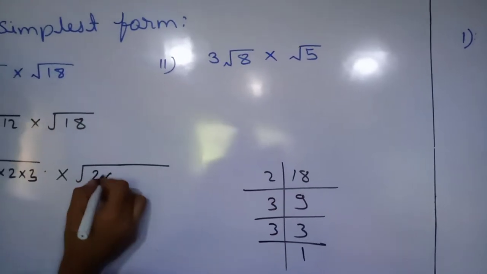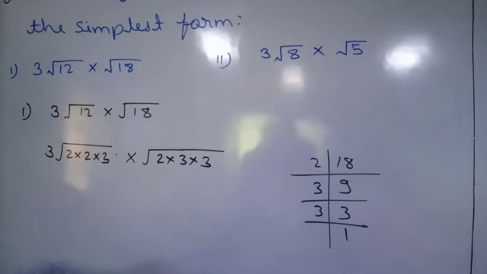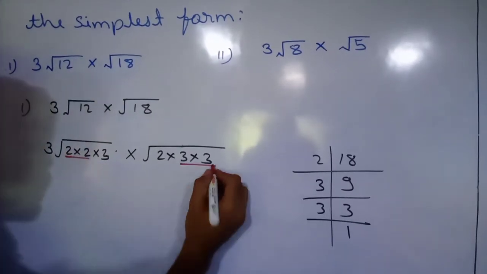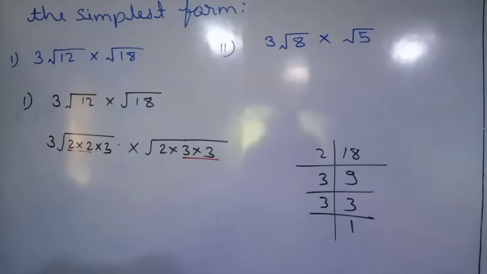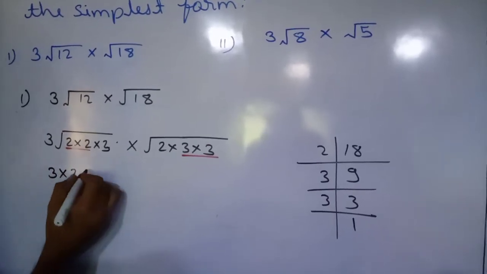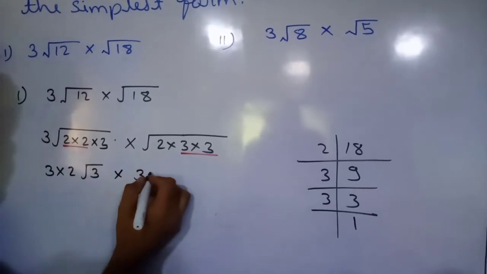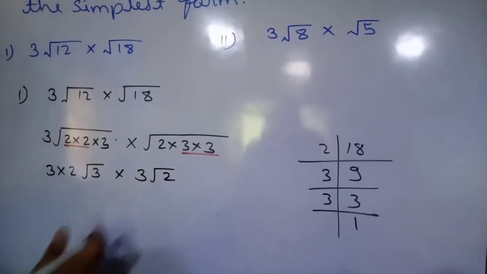Because we have order 2, a pair of 2 and here a pair of 2 will come out, so it will become 3 into 2 and 3 into 3 comes over here within the root 2 we got.